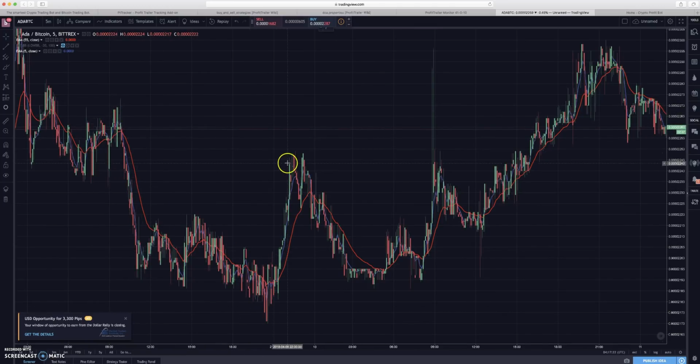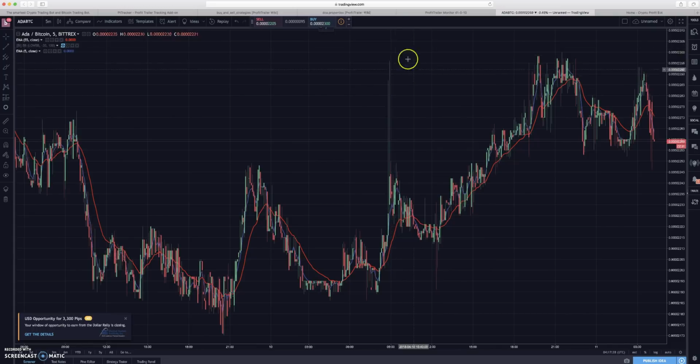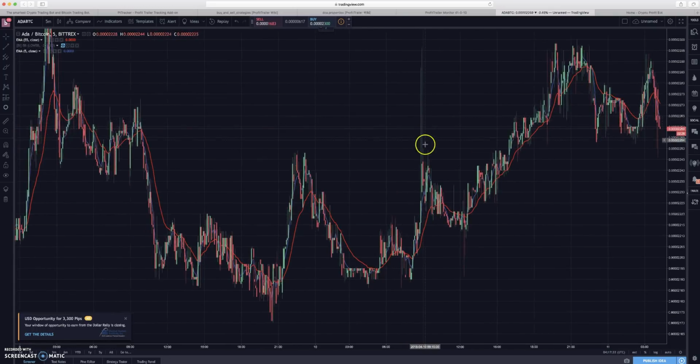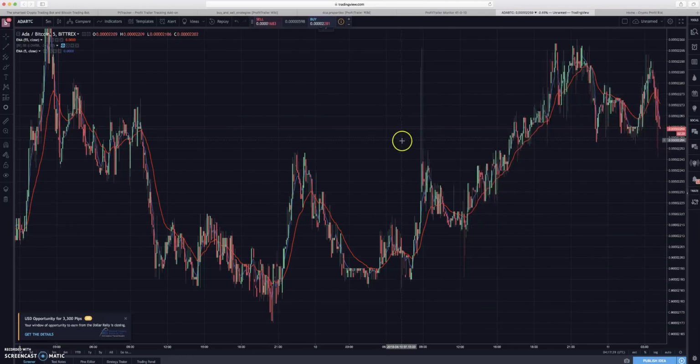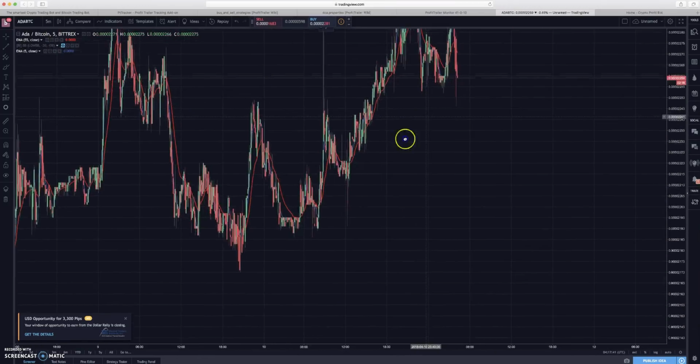I want to DCA really quick so I can get out of it. And maybe you could have gotten out of it here, maybe here. And if you didn't, then hopefully you could have gotten out of it in here. And then I have that longer term DCA at -10, just because if it does continually go down, I want it to DCA pretty much as low as I'm comfortable going.